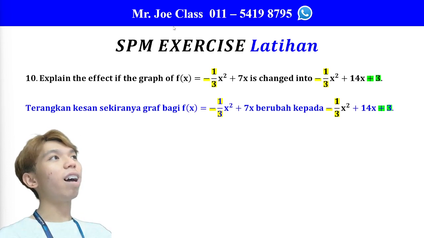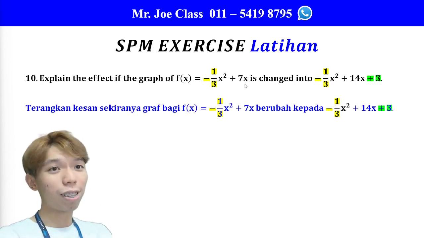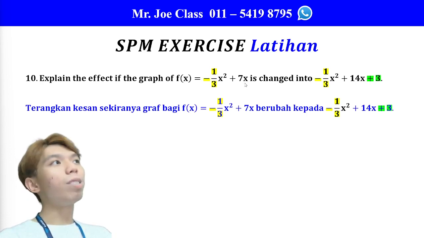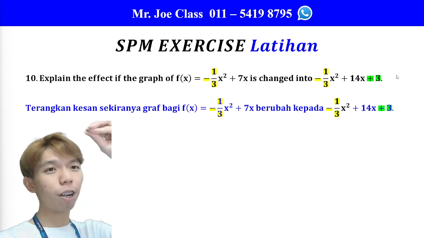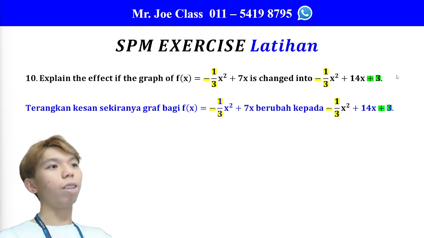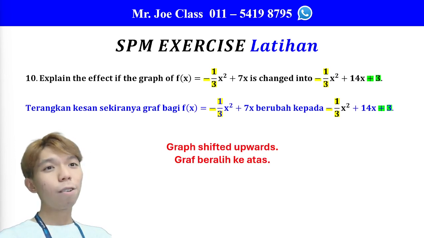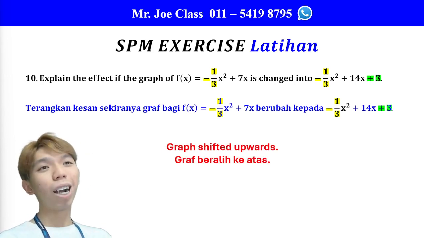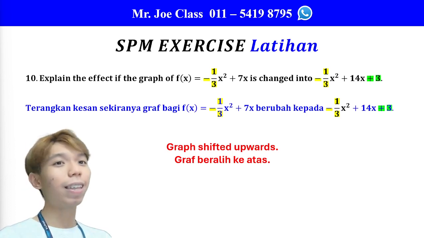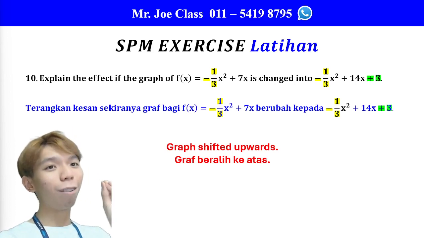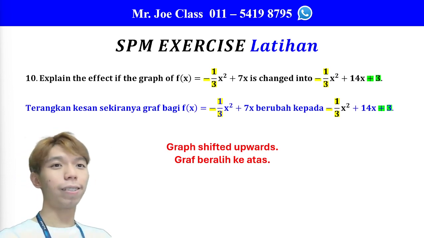So now you see C is 0 because the 7x doesn't have the value of C behind it, so it is 0. From 0 to positive 3, the graph is shifted upwards. Graph beralih ke atas, because the C is actually indicating the value of y where the graph intersects on the y-axis.